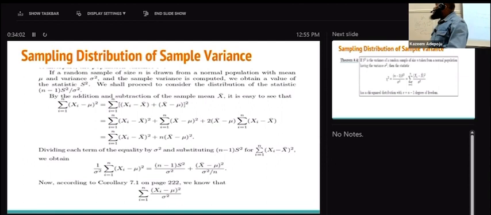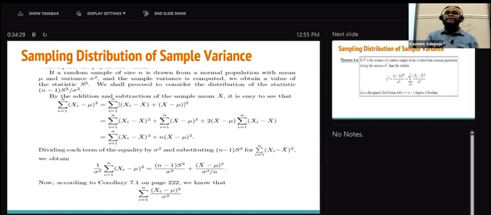If a random sample of size n is drawn from a normal population with mean mu and variance sigma squared, and the sample variance is computed, we obtain a value of the statistic S squared, the value that each of you obtains, the sample variance.